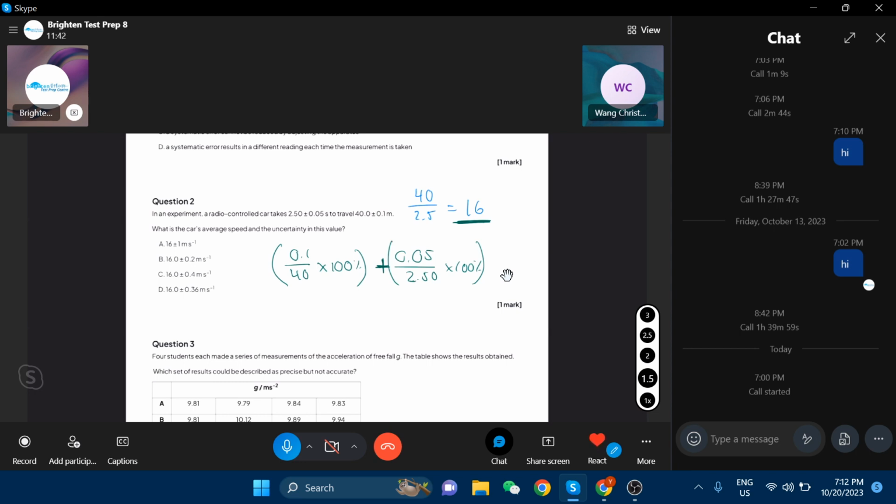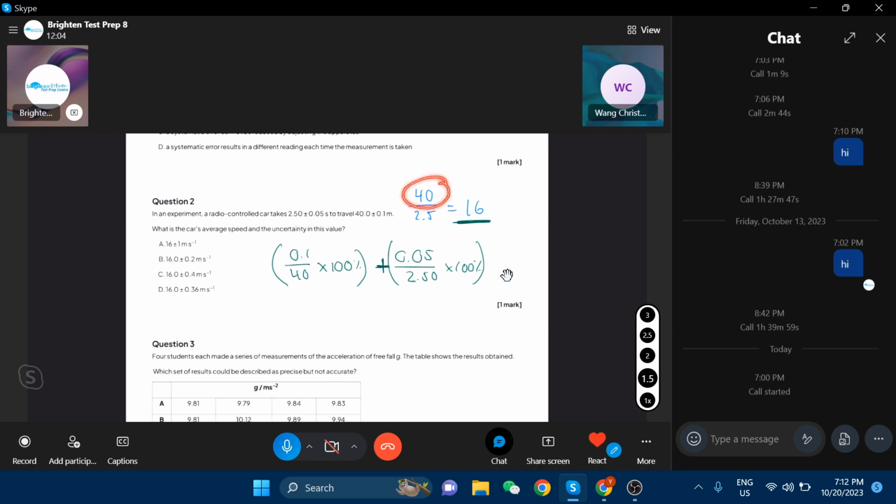Whenever you have multiplication or division, and the result is the other way around, for example, let's say we want to calculate the distance, which is obviously time times average speed, so it would be a product, a multiplication.